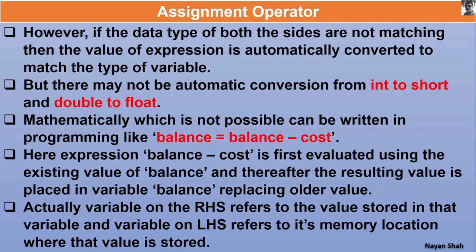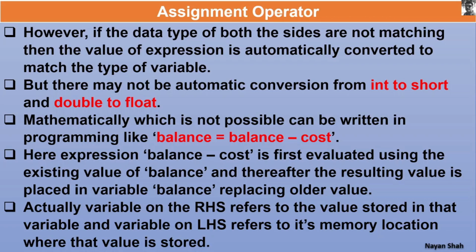So balance will now be reduced by 100, whatever its original value, and the new value will be stored again in the variable balance. But still, the last point will clear your doubts about the difference between the balance on the left hand side and the balance written on the right hand side.